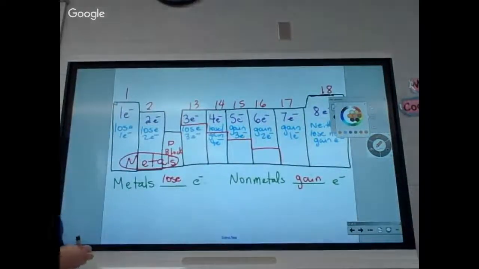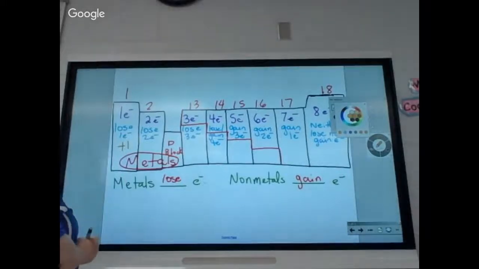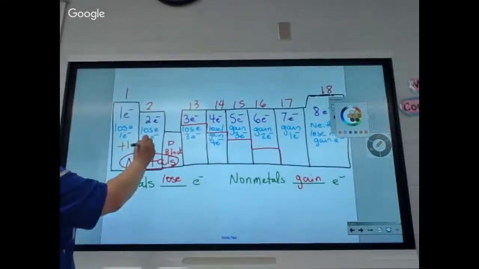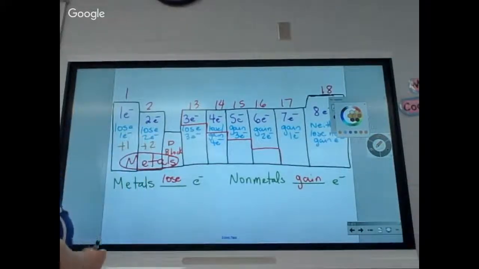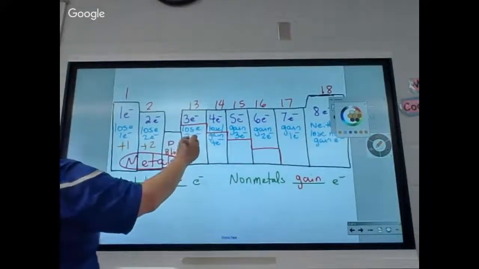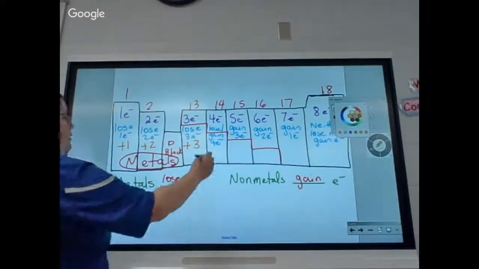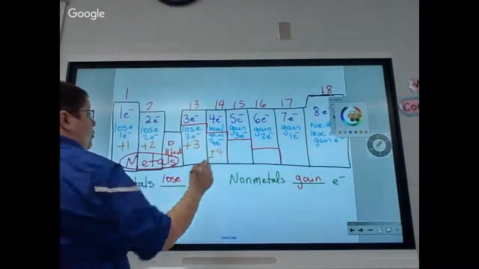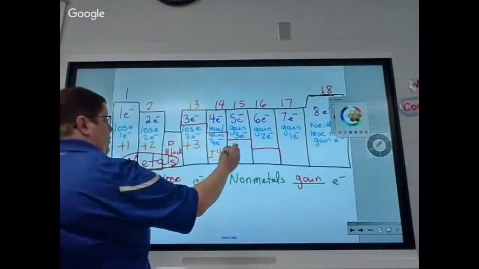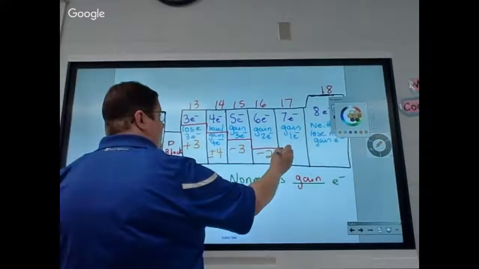What is group 1's oxidation number? +1. What is group 2? +2. What is group 13? Sorry, I said 13. It's +3. Group 14. ±4. Group 15. -3. Group 16. Group 17.